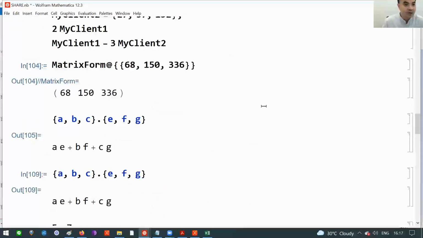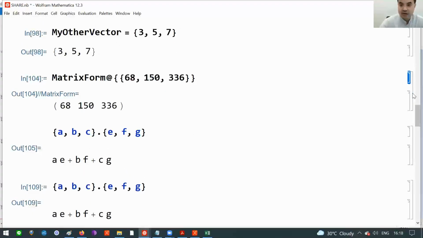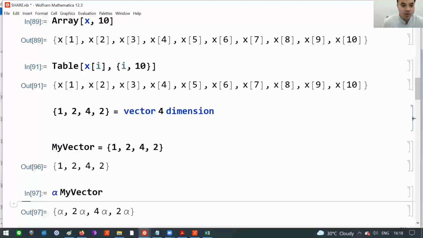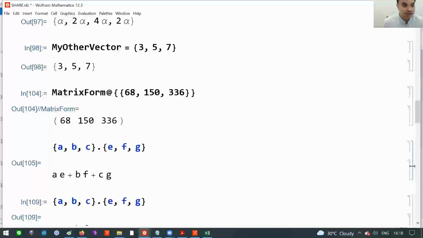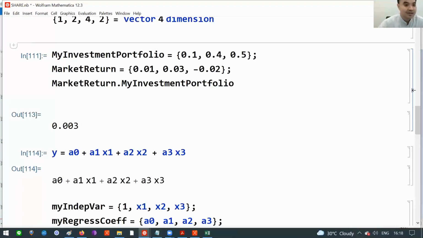So this is how we do it. We don't need this, let me clean up some of that. Now, what is important? What's important, guys?